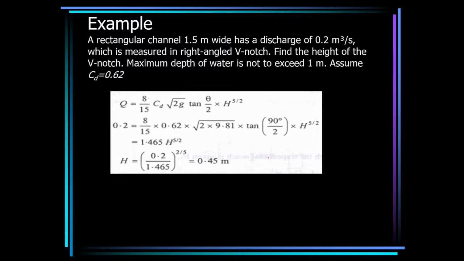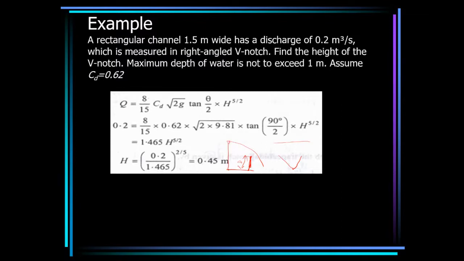So here you have flow taking place. We want to find the height. Let's say A. The V notch in cross section will have something like this. And then we have the height of water above it. And this height is not to exceed 1 meter.